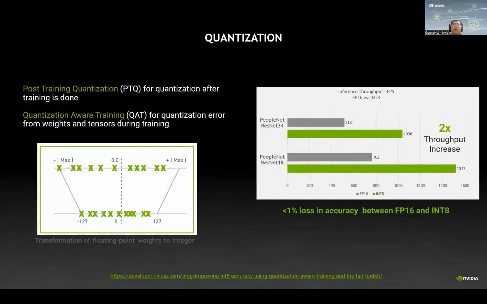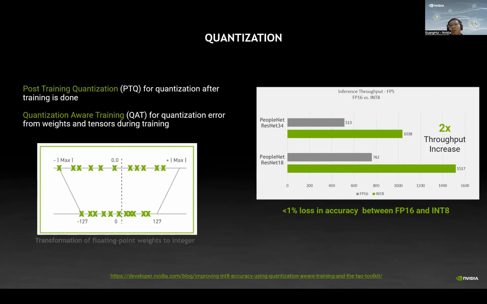And then quantization is also an important part. After you train the models, you need to optimize them for a deployment scenario, where post-training quantization is a common one. And then we also introduce quantization aware training. What this does is, when you're doing the quantization process, you won't lose a large amount of accuracy.